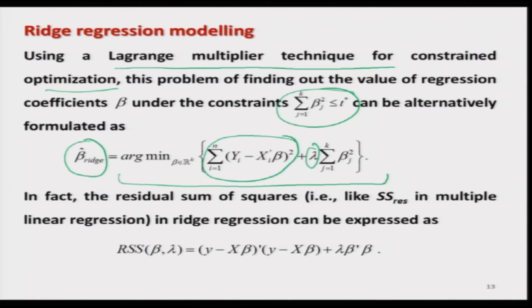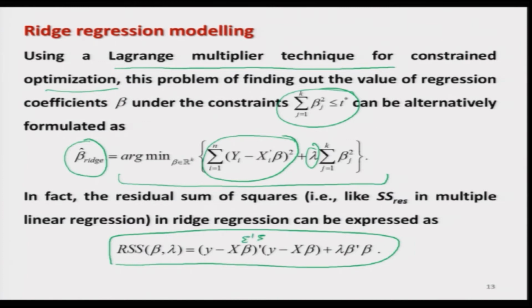So, this problem can be written as a function which has to be minimized in order to get the ridge regression, and this function is written here as RSS as a function of beta and lambda. If you remember, this is nothing but your epsilon transpose epsilon, and this is the constraint on beta.